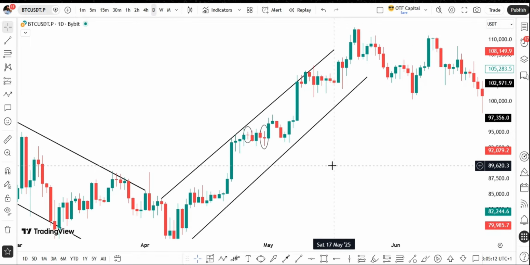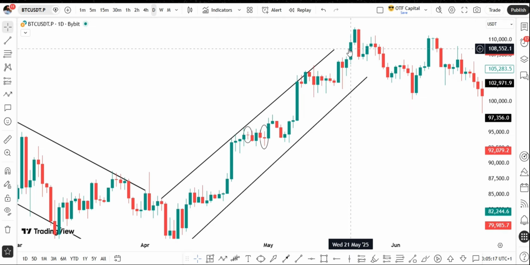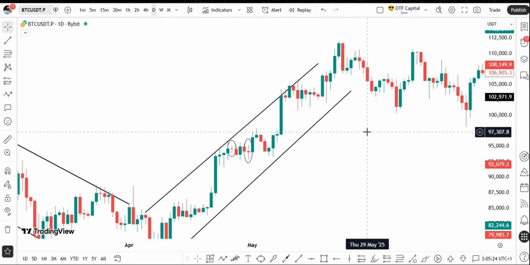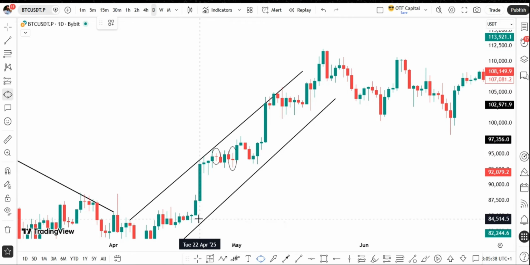Until we have what? A large rejection candle towards the end of that uptrend, or we have multiple red candles forming together. This should signal to us that we are about to have a reversal or a pullback. As you can see, what happened right at the end of that uptrend?